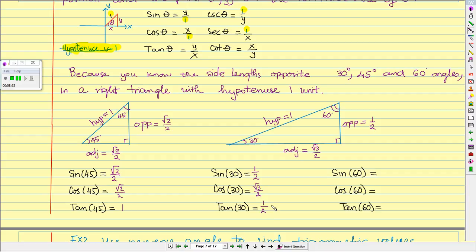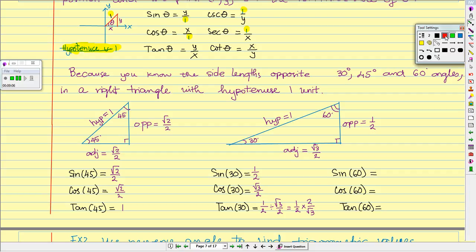So put 1/2 divided by square root of 3 over 2. When you divide two fractions, you keep the first fraction the same and multiply by the reciprocal of the second fraction.